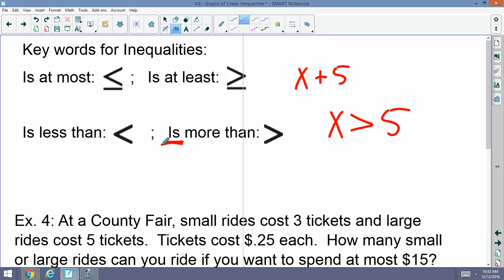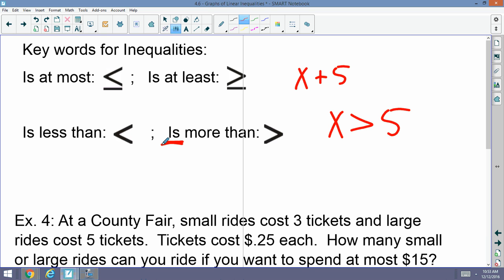But if I say is at most, it's less than or equal to. Think about your ages, guys. You guys are all at most 17 in this room. That means you're 17 or younger. So that's why it's less than or equal to. At least is greater than or equal to. I'll put myself on the block there. Mr. Morrow is at least 35. That means I'm 35 or older.